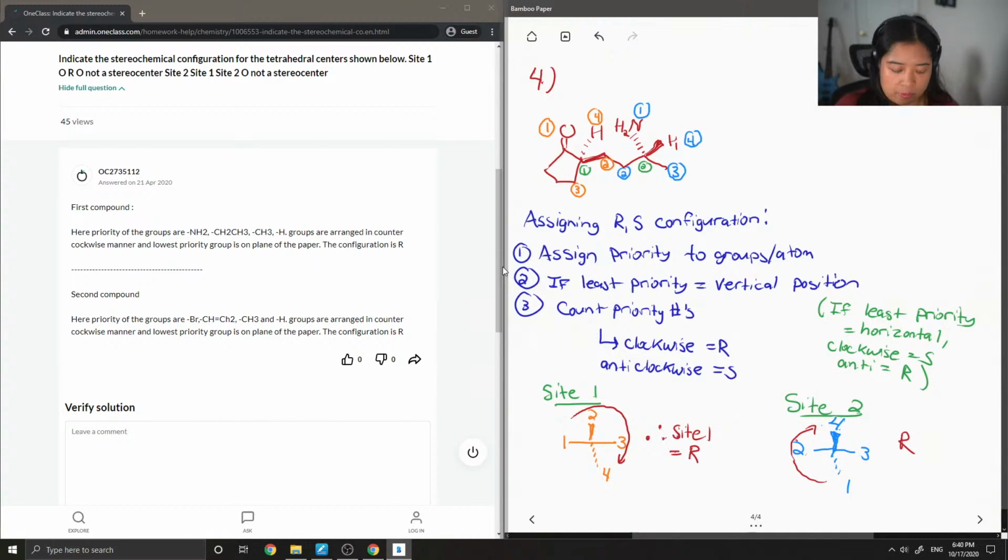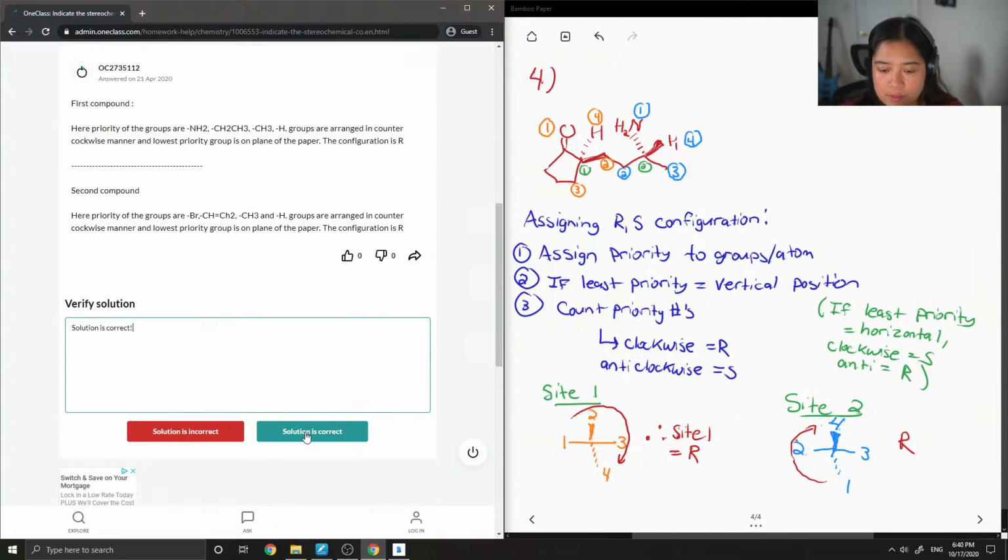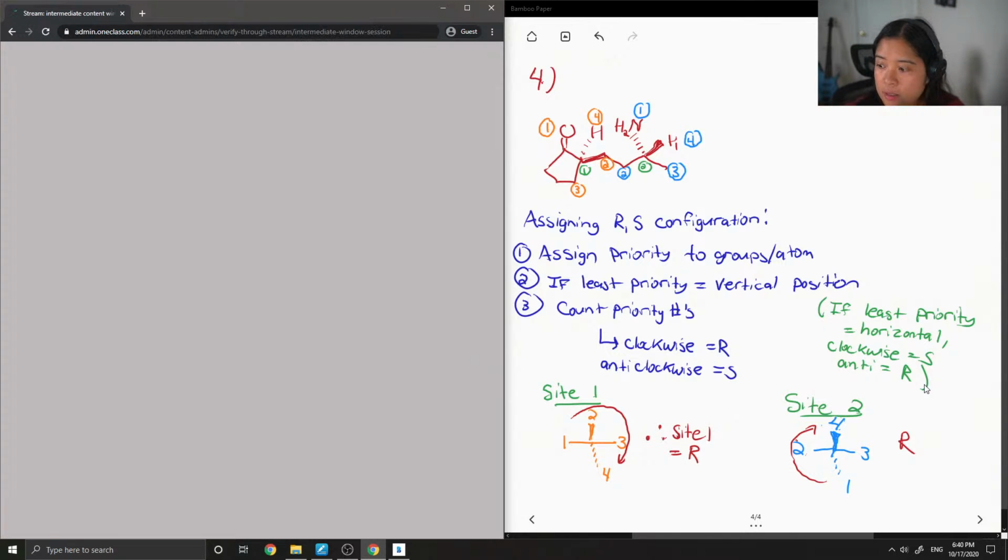So it just depends on what you're comfortable with. Either way is correct as long as you are consistent. So this solution is still correct, since both the configurations are R.